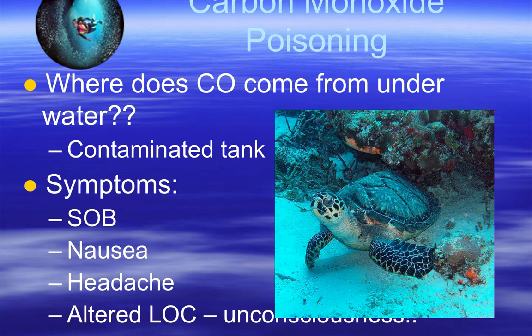Carbon monoxide poisoning. Carbon monoxide under the water can come from a contaminated tank. So you're going to want to get your tanks from a reputable place. You want to examine your tank, maybe see where the place is coming from. There can be faulty connectors from where the compressor is used to fill the tank, and the compressor isn't working properly, and then it's putting carbon monoxide into your tank, and you're breathing that in, and you know carbon monoxide has a higher affinity for hemoglobin than oxygen.